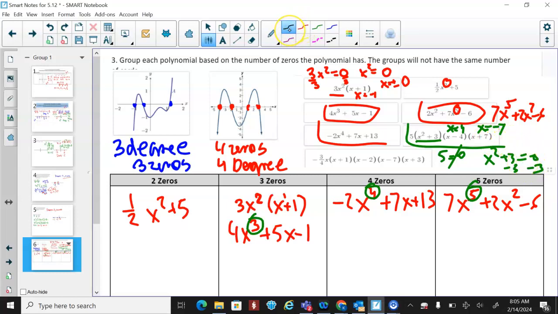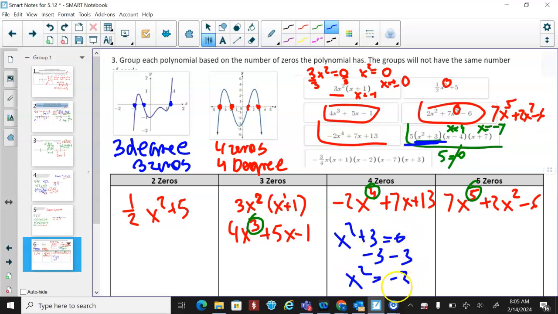To make it clear, this part right here, x squared plus 3, if I take x squared plus 3 and set it equal to 0 and move the 3 to the other side, x squared will now equal negative 3. When I square root it, x will equal plus or minus i root 3.